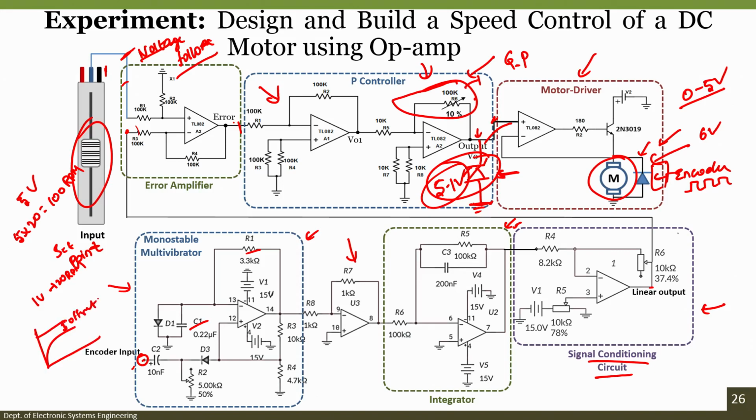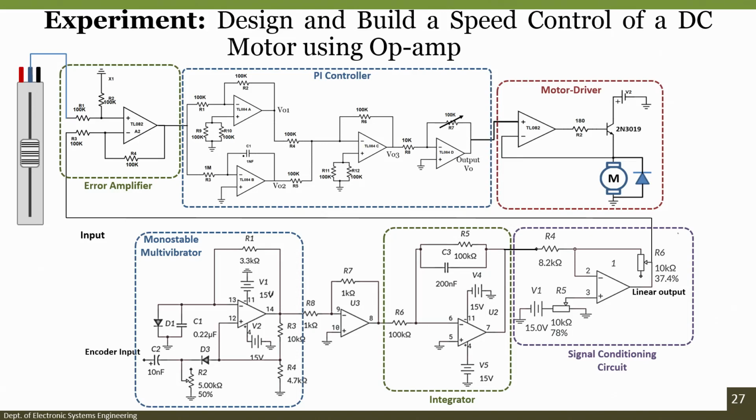Of course, this can be avoided by using a PI controller, where the same set point error amplifier, instead of a P controller, we use a PI controller here. Then this is our motor driver, and the monostable multivibrator, integrator and signal conditioning circuit.